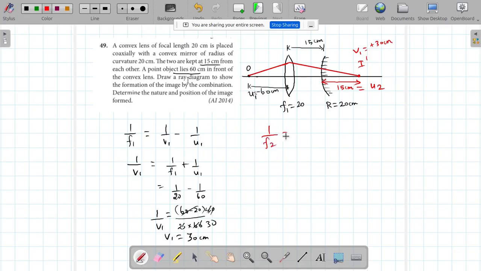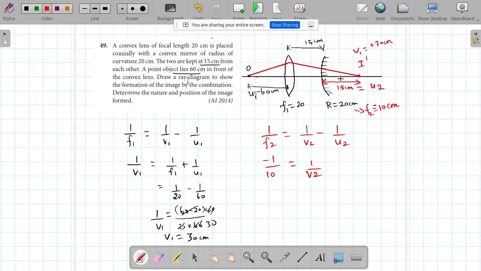Therefore, 1 by F2 equals 1 by V2 minus 1 by U2. Here F2 is negative, R is given, therefore F2 is minus 10 centimeter. Minus 1 by 10 equals V2, that is what we are going to find. It will be plus, in mirror formula. Wait a minute. It is a diverging mirror, right?